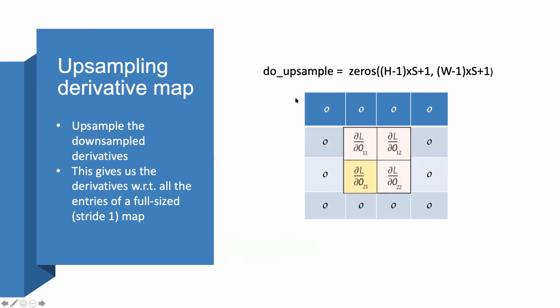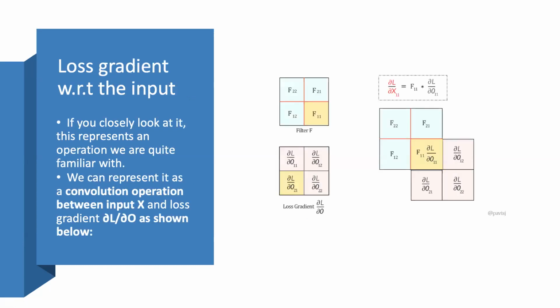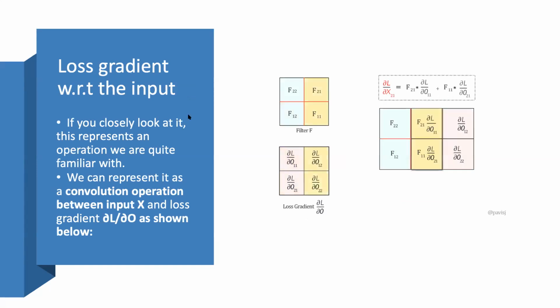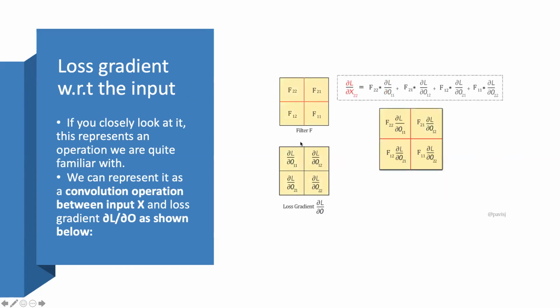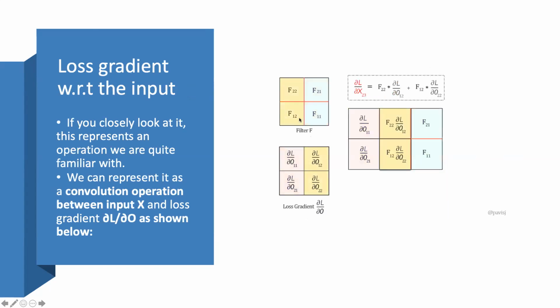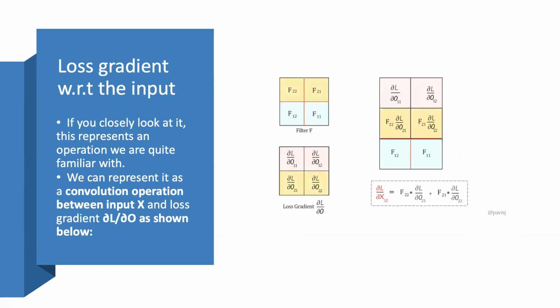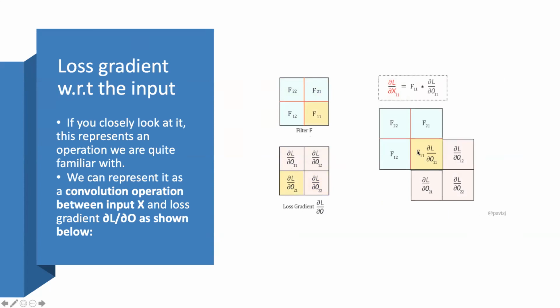If it's 4 cross 4, you can see this matrix and we have our gradient here. And this is our upsampled gradient with respect to the output. When we have that, look at the pattern carefully. What is happening? We have our filter flipped and inverted. This is what we will pass through that upsampled gradient of the output.